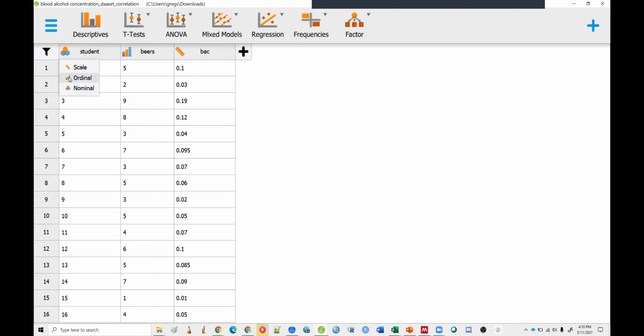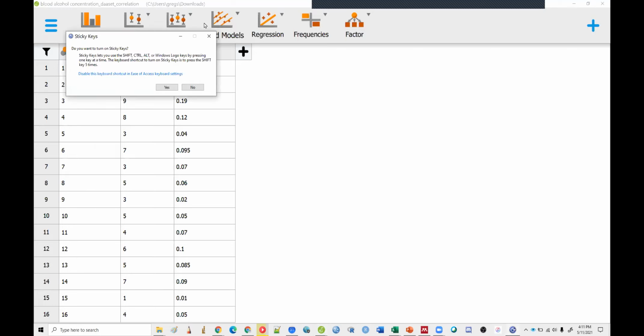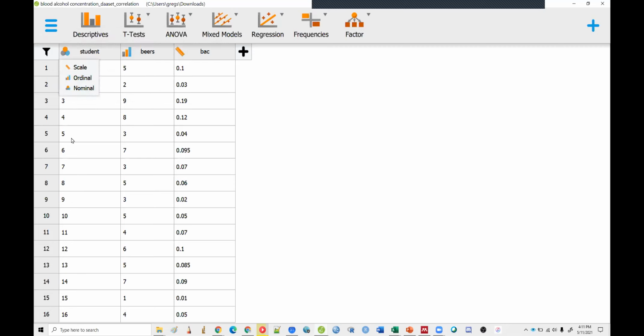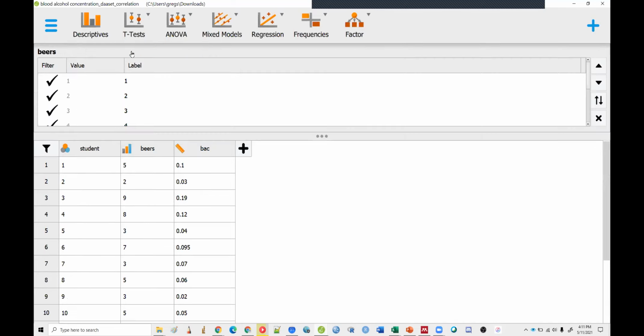There's no sense in which there's an order to them. It's not like you expect something different from the first student than from the last student in the list. And they're not scale type variables, because even though they're numbers, there's no ratio to them. Knowing a student is the 5th student in the list doesn't tell you anything about them in relation to the 10th student, even though 5 is 1/2 of 10.